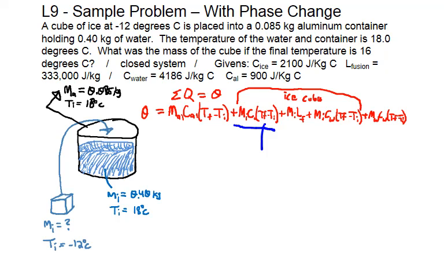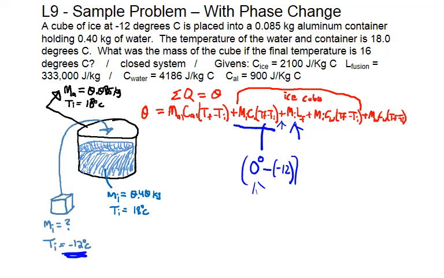This is when we're dealing with the ice cube having to go from negative 12 to 0 degrees. So the temperature final is 0 minus the initial temperature of negative 12. So that's that. Once it gets to 0 degrees, then it's going to phase change. So it's receiving energy. That's why we have the positive here. It's receiving energy, mass of the ice cube times latent heat of fusion.